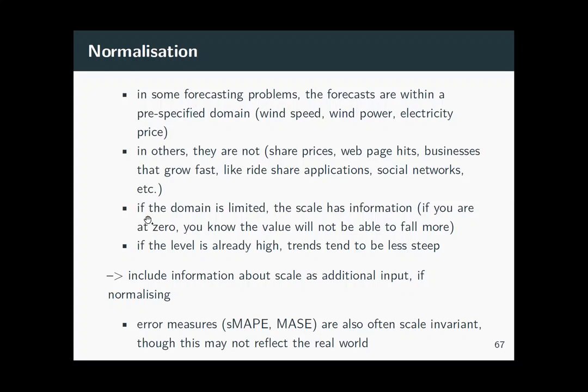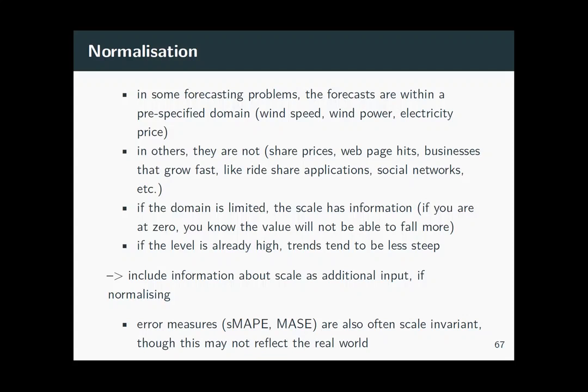So again, if the domain is limited, the scale has information. If you are at 0, you know you cannot go further down. Then sometimes things happen like that. If the level is already high, trends tend to be less steep. For a company that has currently 100 customers, it's obviously a lot easier to double their customer base.